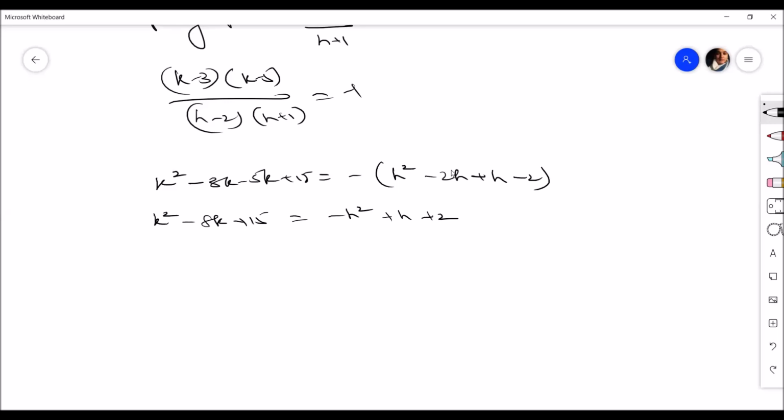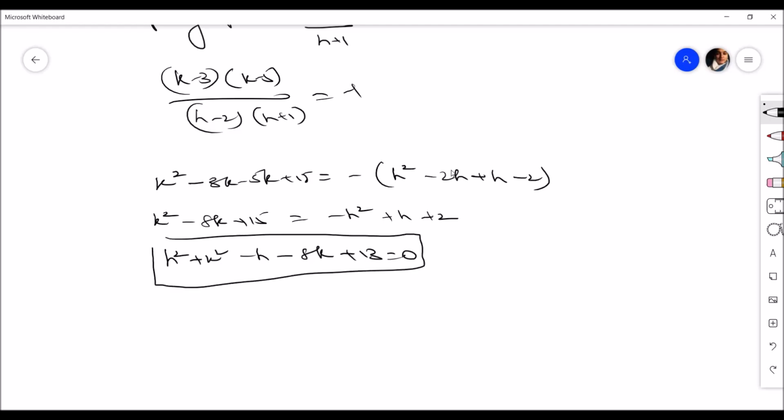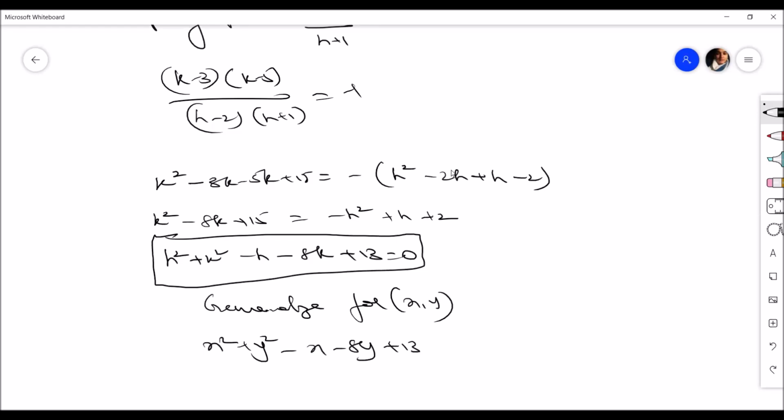Simplifying further, bringing all the terms onto one side, I get h square plus k square minus h minus 8k plus 13 equal to 0. Generalizing for x and y, this gives x square plus y square minus x minus 8y plus 13 equal to 0. That's the locus of this particular point.